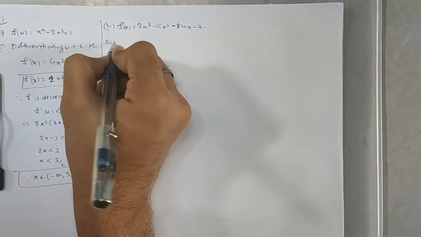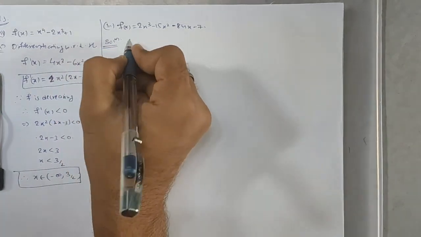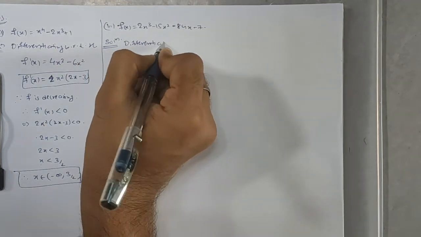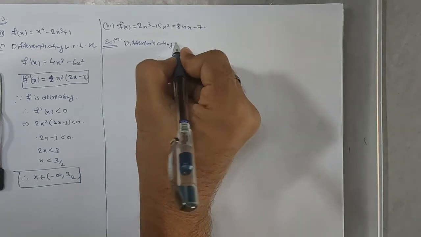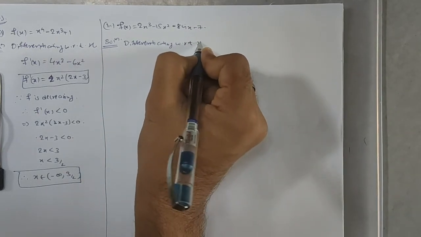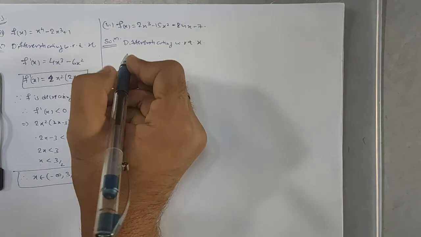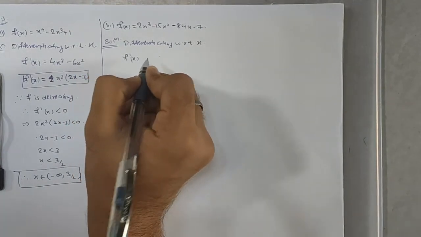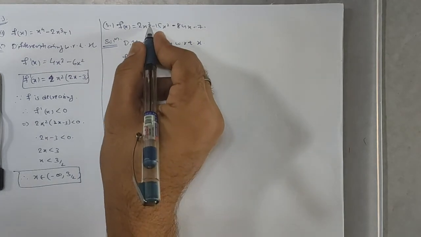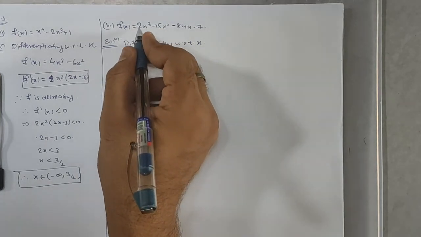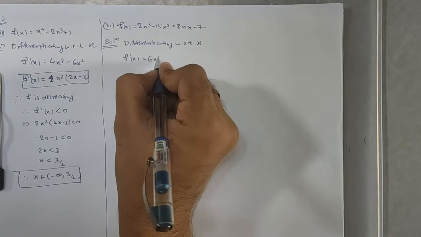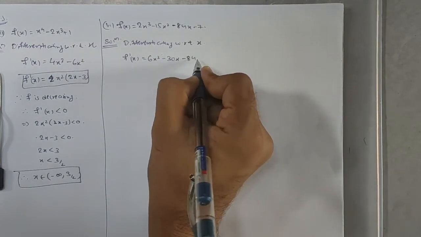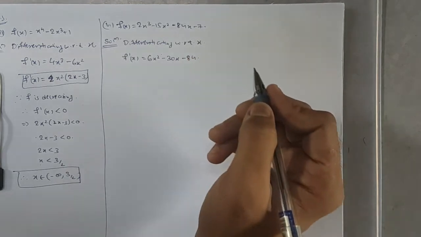Solution: differentiating with respect to x, f dash of x is equal to differentiation of x cube, which is 3x square, 3 into 2 is 6x square, minus 30x minus 84. Now differentiation of 7 will be 0.